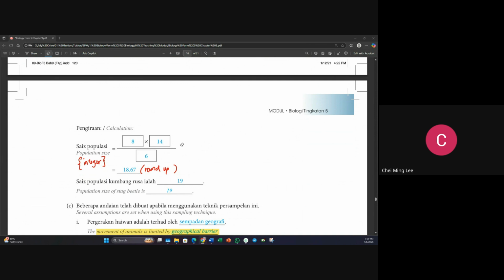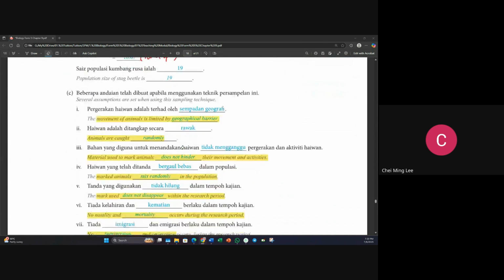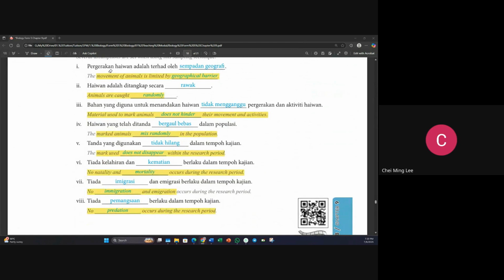So in order for the accuracy to be considered correct, there are some assumptions that we make. First, the movement of animals is limited by geographical barriers, which means we do not consider those that run out. No animal runs out from that area.